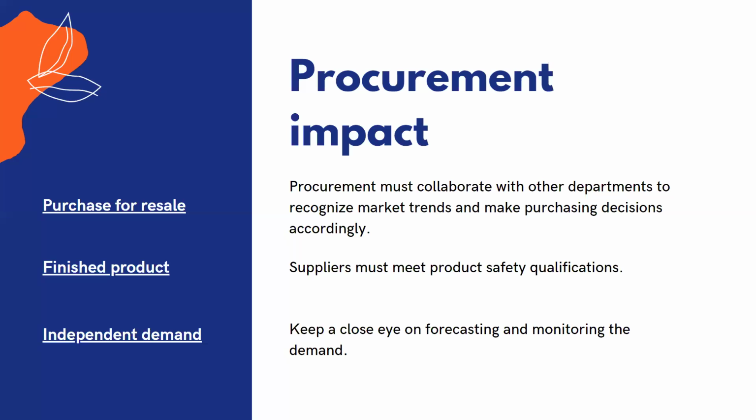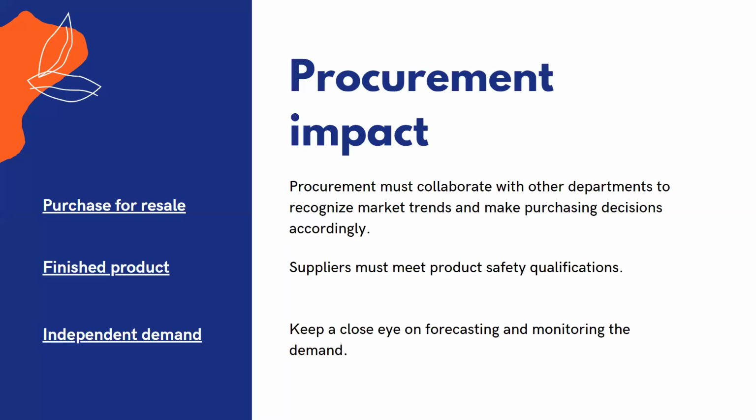Like when we purchase for resale, procurement must collaborate with other departments, like marketing and sales, to keep up with the trends in the market and make the purchasing decision correctly.